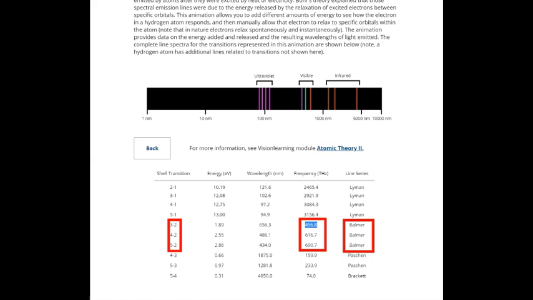Okay, somewhere around here it gave this kind of purple light when the electron made the transition from the fourth to the second orbit. This 616 nanometer one gave somewhat of a light blue radiation.